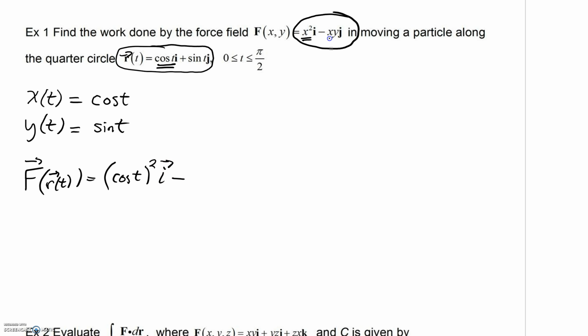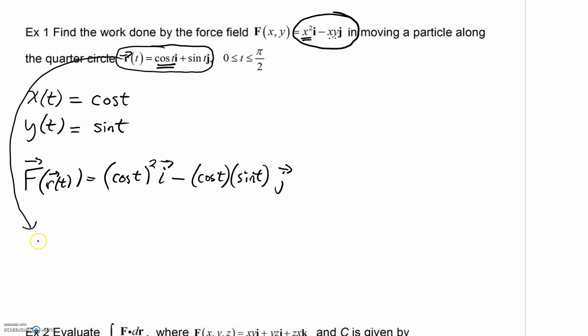And then I'm going to say x times y. Well, I'll have cosine of t, and my y will be the sine of t, and then we'll have vector j. So that really is my force vector function. The benefit, of course, is we're looking at this now as a function of t. And r is right over here.